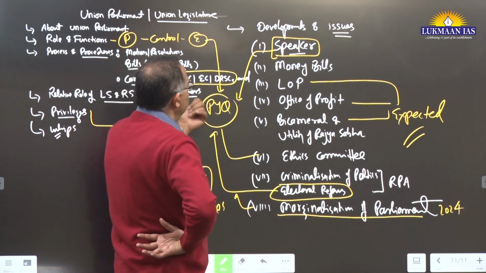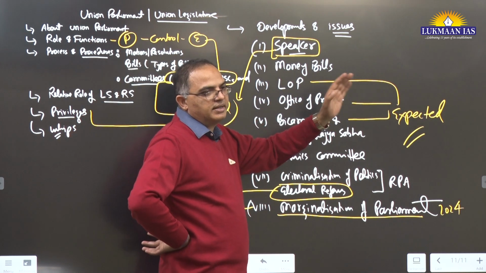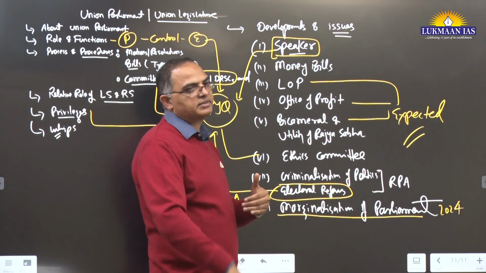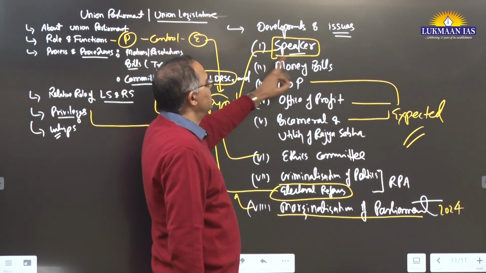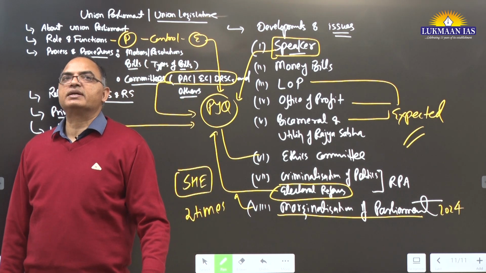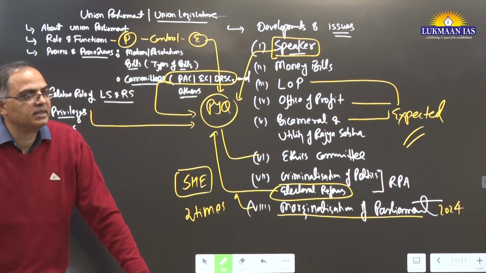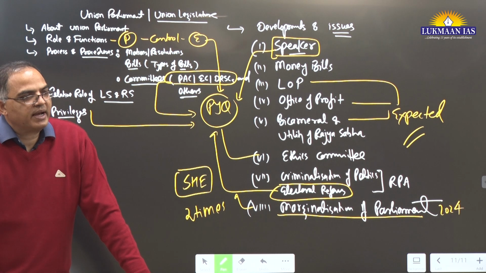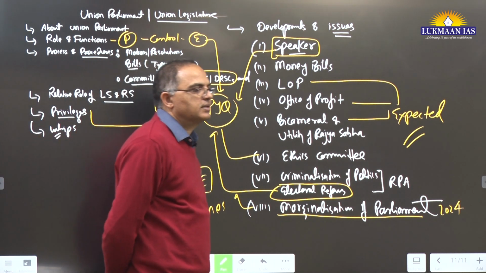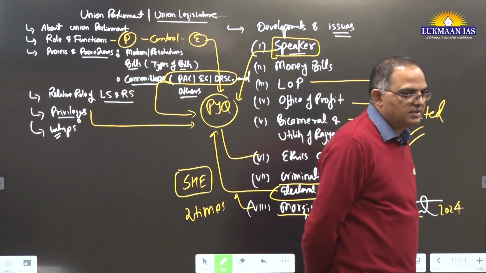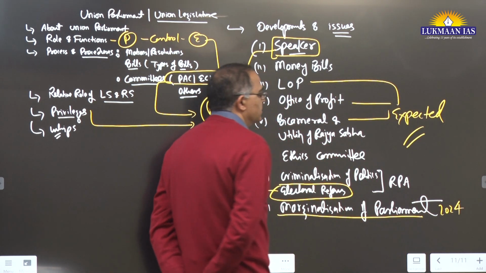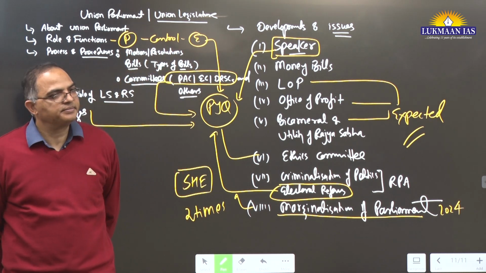Like bills, I do not teach here; when I teach money bills, there I teach all about bills. Speaker, we teach here. They do not ask questions on deputy speaker, deputy chairman, rather they ask on the Speaker. The Speaker topic we'll take, then leader of opposition, and related things.